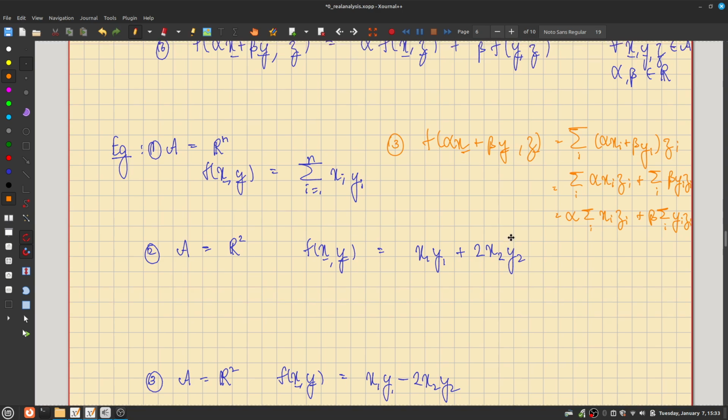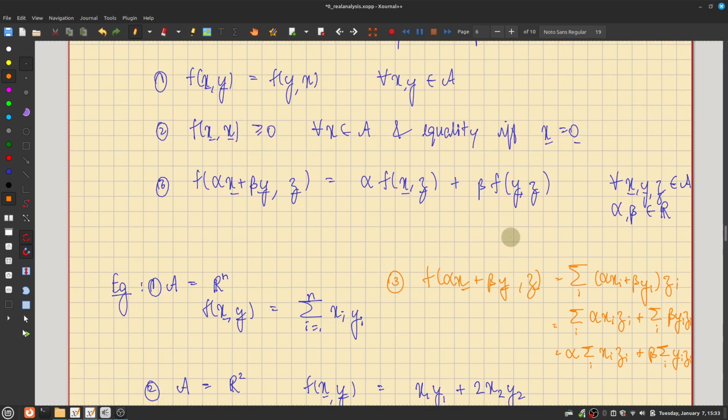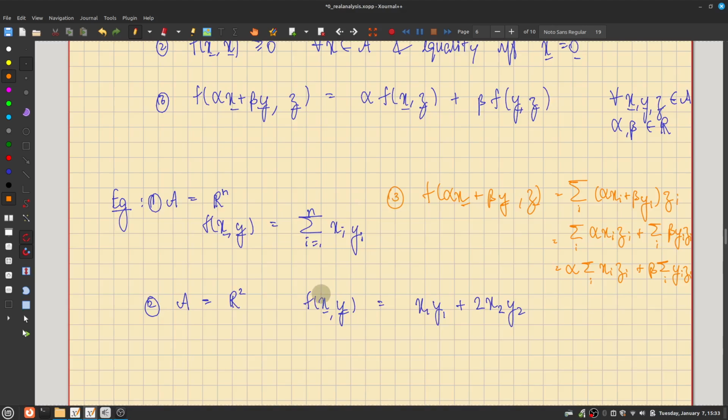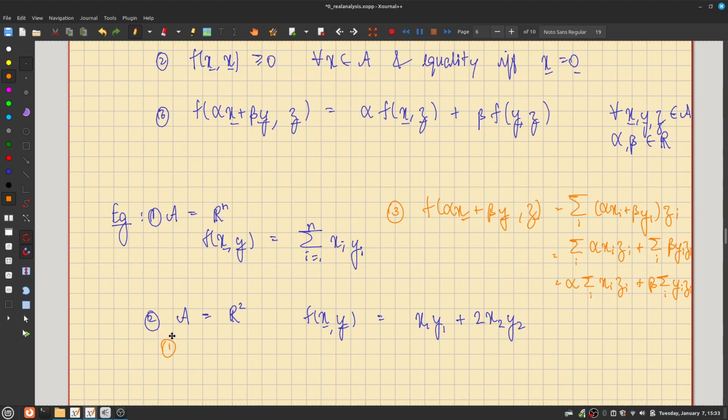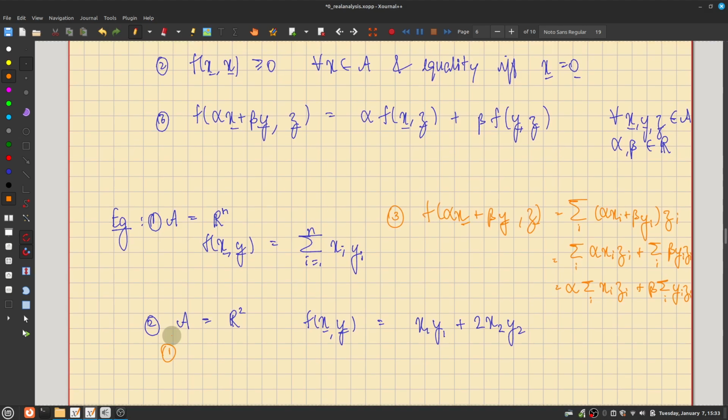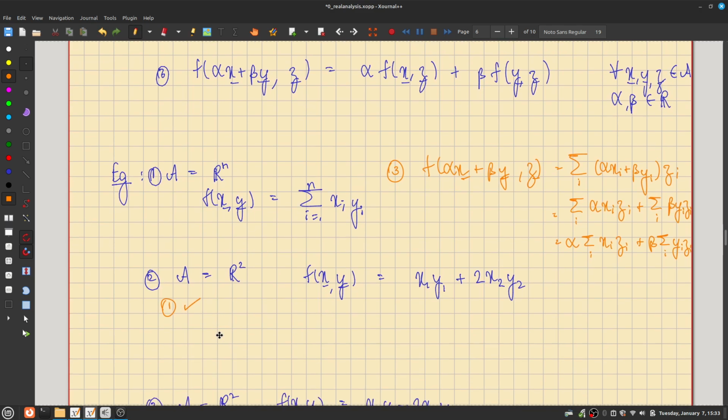Does this satisfy all of the three properties that I had over here? So firstly, is property 1 satisfied? Is f of x comma y equal to f of y comma x? It is, right? So property 1 is satisfied, not a problem.